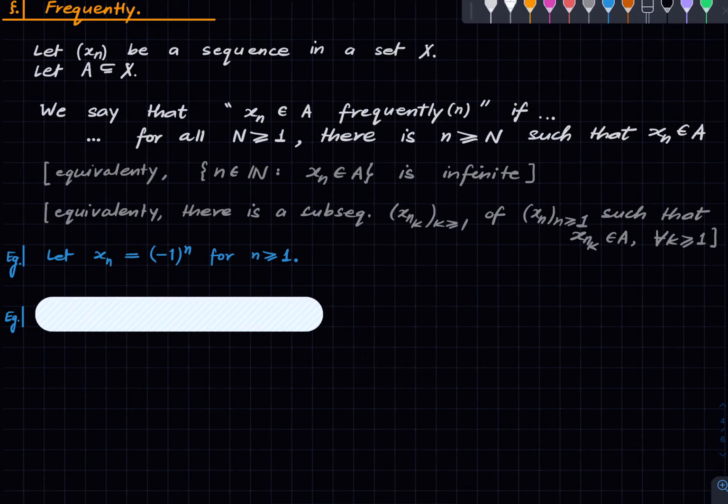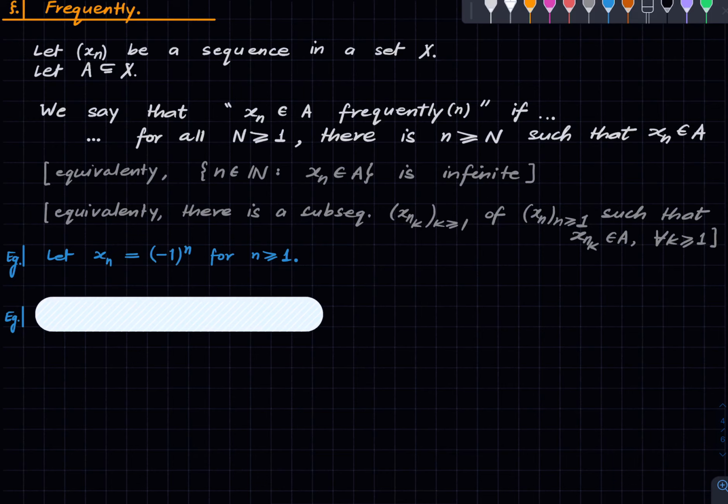So before we look at examples, here we have defined something for belongingness. One could have equally defined it for not belongingness. We could have said that xn does not belong to A frequently over n if for all natural numbers n there is a natural number at least that much, such that xn does not belong to A. Such variants I will not be defining separately. We should be able to supply the requisite definitions for ourselves.